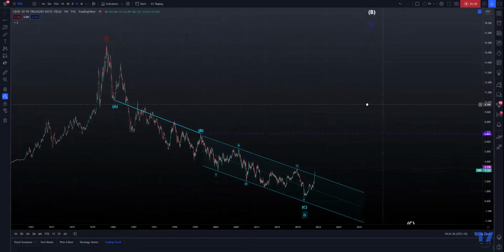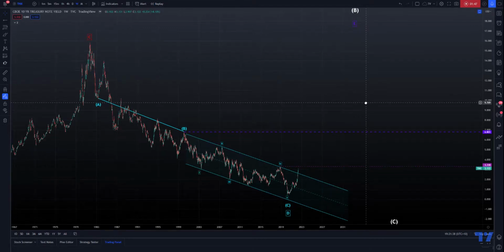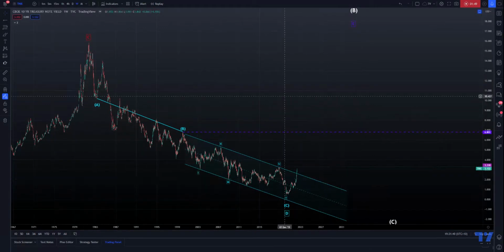But first, we need to see how this unfolds and how long it will take, etc. We don't know at this point. We're just looking for 5 waves up, and depending on what kind of 5 wave move we see, it could be a sharp one. Moves to the upside in bond yields tend to be sharp if you look back through the history of bond yields. So just keep that in mind.